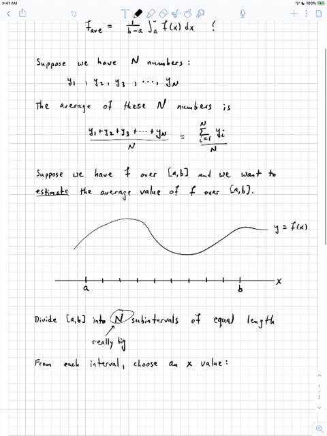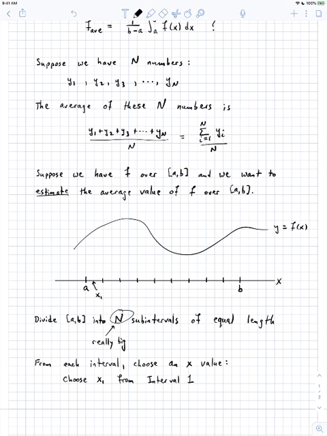So from the first interval, let's choose x1. So choose x1 from interval 1. Well, this is interval 1 right here, so let's just pick an x1 in there somewhere.